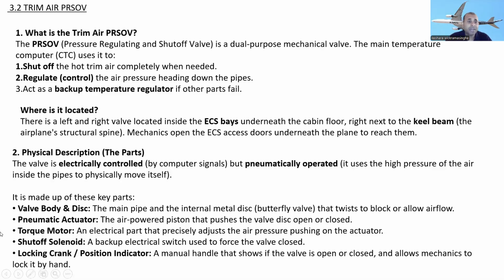It is made up of these key parts. The valve body and disc: the main pipe and the internal metal disc. Inside is a butterfly valve that twists to block or allow airflow.